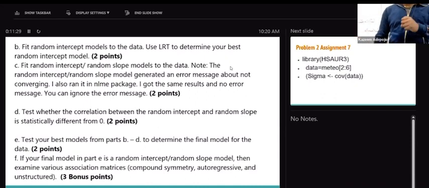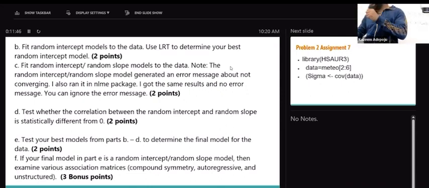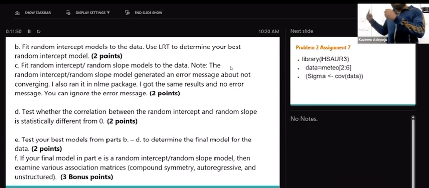Now, the last question, question E, says you choose the best model among the random intercept. You also choose the best model in D, right? Now, between the two models that you choose, the best in the random intercept and the best in the random intercept and slope, you compare the two because we want to know the best of the best. That is what E is talking about.